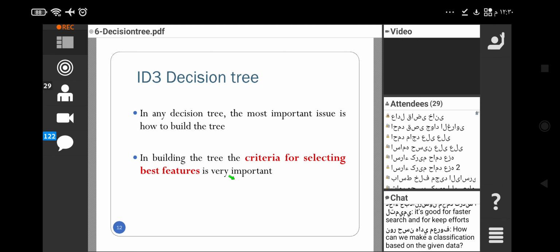The first point is, how do we build the tree? When we want to build the tree, the most important thing is, how do we select the best feature to put into the nodes of the tree.